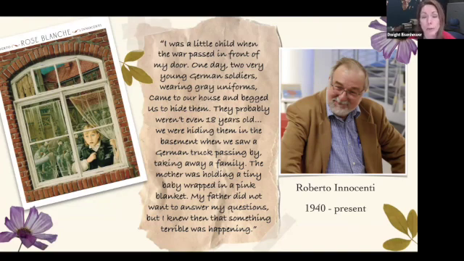Innocenti is a self-taught artist who has worked in art galleries, advertising agencies, and now devotes his time to illustrating books. His book, Rose Blanche, has received several awards. Innocenti's illustrations, as you will see, are full of meaning and symbolism that the text might hint to, but doesn't say outright.